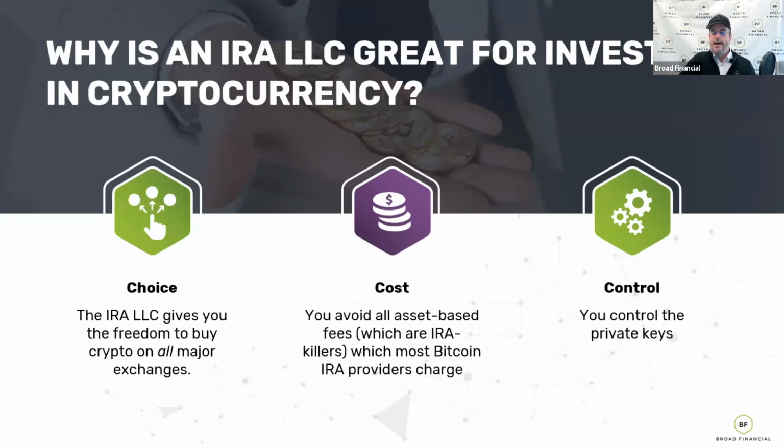So you don't want asset-based fees. It kills it. Even if you're making a lot of money in the crypto, the asset-based fee is one of the IRA killers, and there's a lot more to it than that. But in a checkbook plan, your costs are flat, they're low, and there are no asset-based fees or transaction fees.